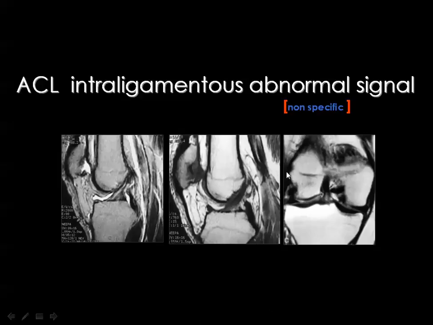This is coronal T1, and you can see abnormal bright signal near the tibial attachment of the ACL, and this is fat within the interstices of the ligament itself. This is a T2 weighted image, and you can see a high signal within the ligament, and this is synovial recesses within the ligament itself.